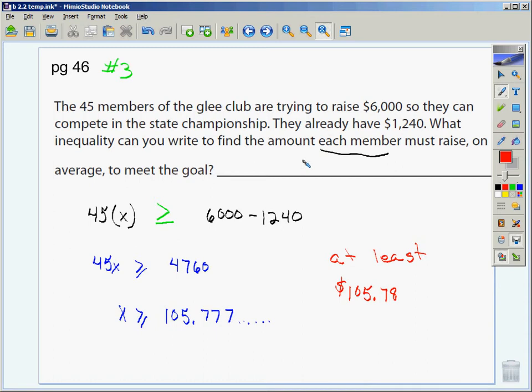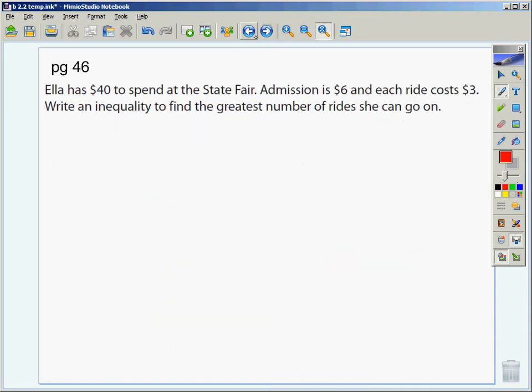I go to the next slide. Then this again is page 46. This is going to be number 4. Again, we're going to write the inequality. We're going to compare it.